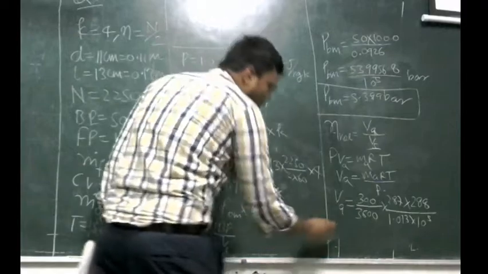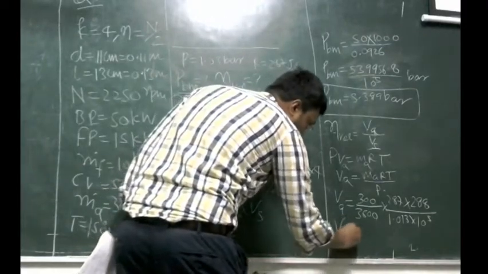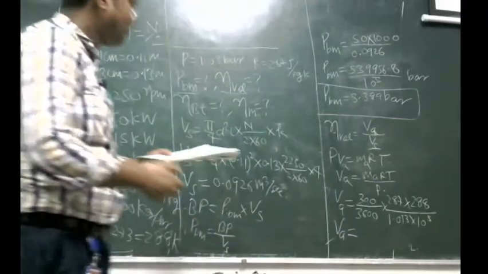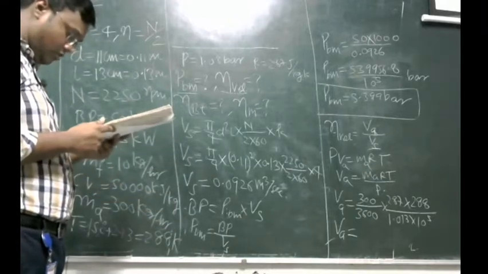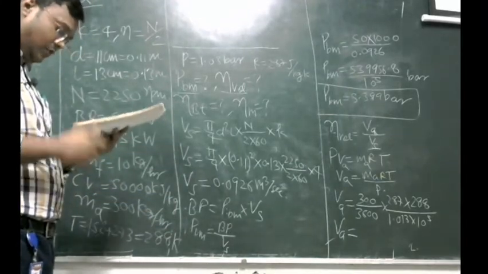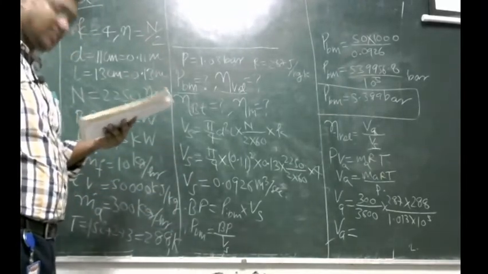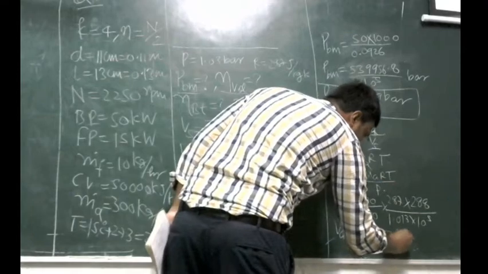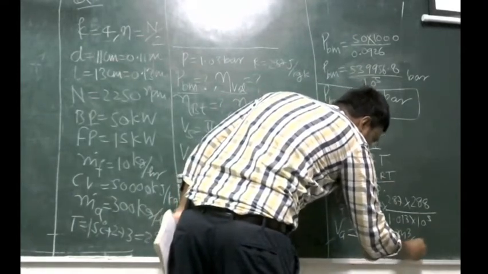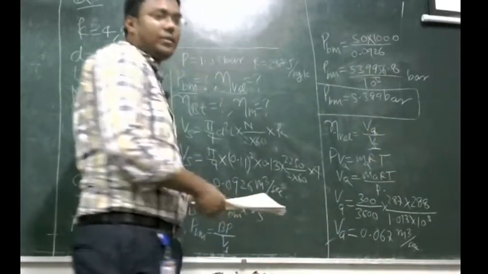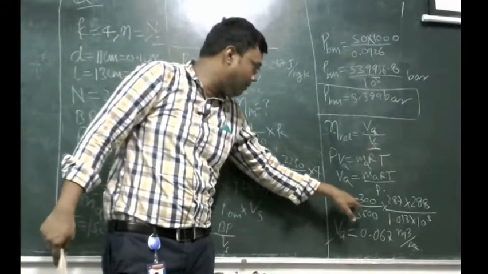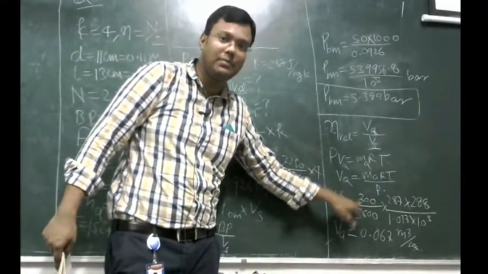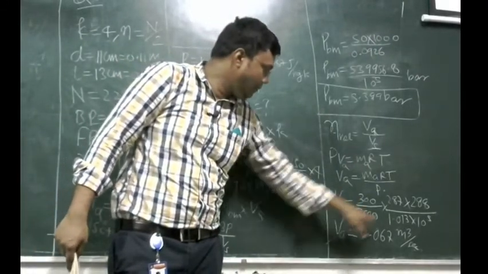So we get the value of actual volume Va is equal to 0.067 meter cube per second. It comes in meter cube per second because the mass flow rate is in kilogram per second, so volume will come in meter cube per second.